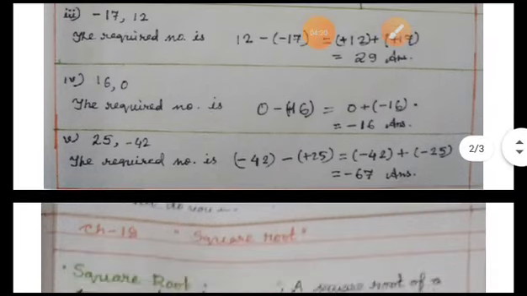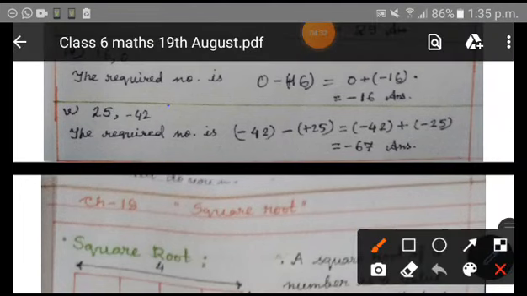So we are getting, subtracting the first number from the second number, minus 42 minus of plus 25, that means minus 42 plus of minus 25.